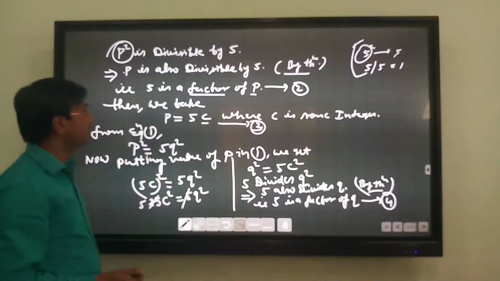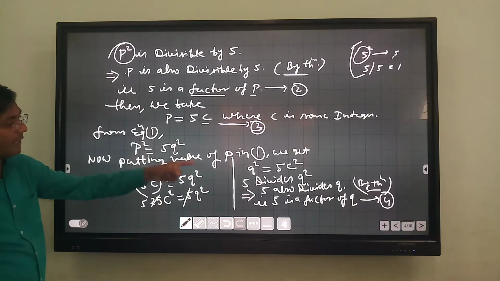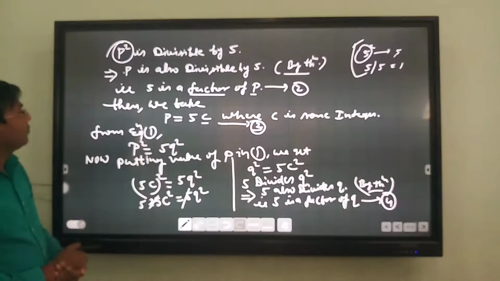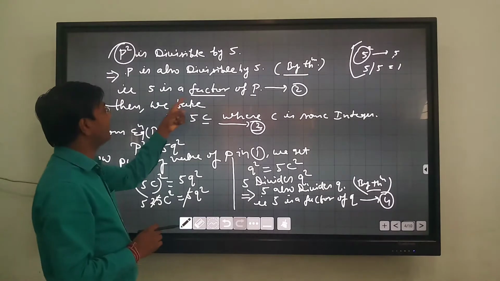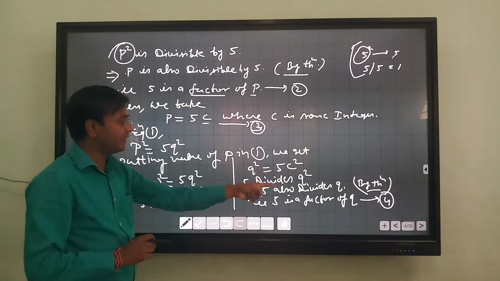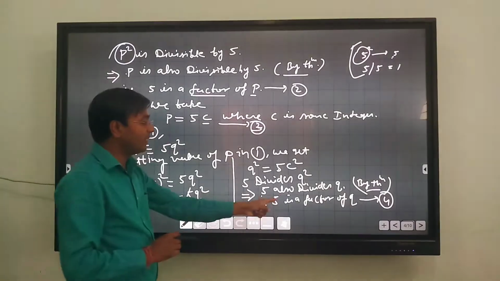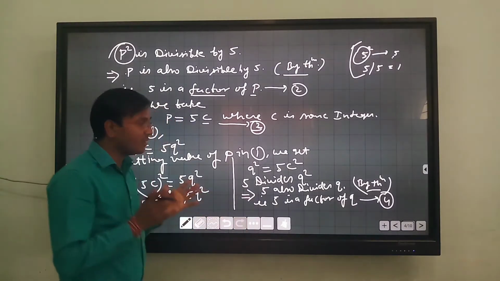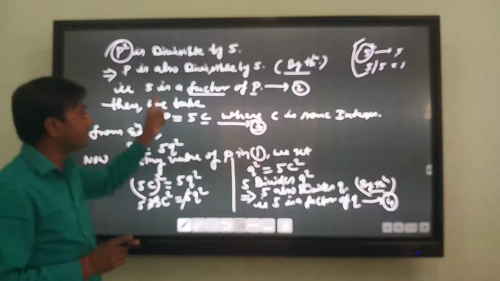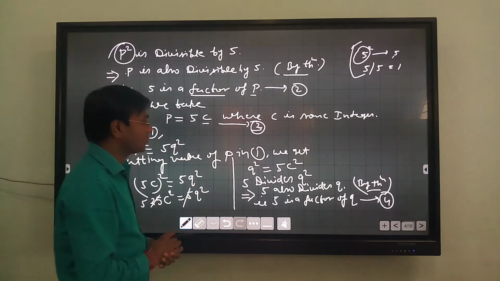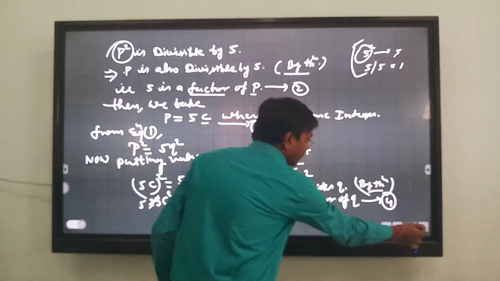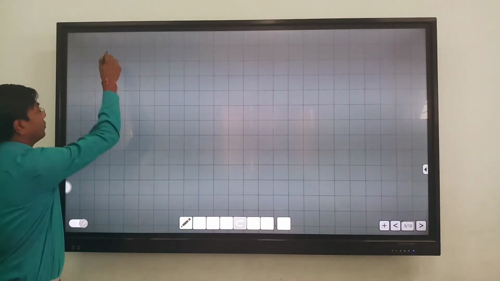Now look at equation second and 4. What is equation second? 5 is a factor of p, and in equation 4, what have we got? 5 is a factor of q. So if we combine equations second and 4, what can we conclude?